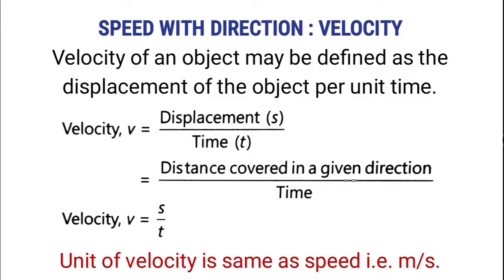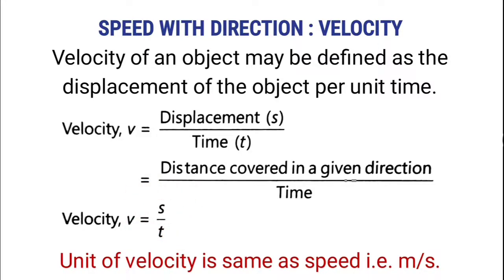As you know, displacement is the distance covered in a given direction. So we can also write velocity is equal to distance covered in a given direction upon time. If an object is covering a distance s in a given direction in a given period of time t, then we have the formula v is equal to s upon t.